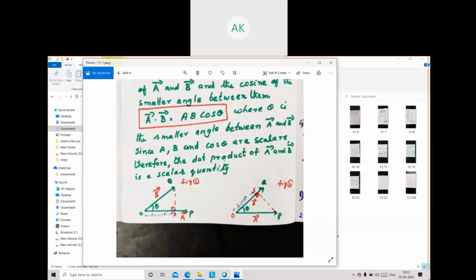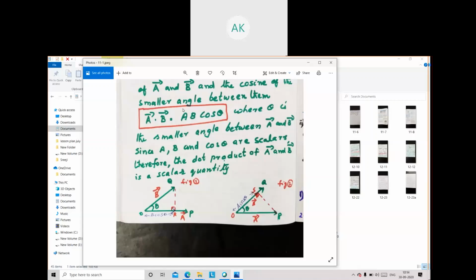Here you can see two vectors, vector A and vector B, inclined at an angle theta, the smaller angle between them. Then A dot B, with a dot put here, is read like that: vector A dot vector B is equal to AB cos theta. What is A? It is the magnitude of vector A, magnitude only.